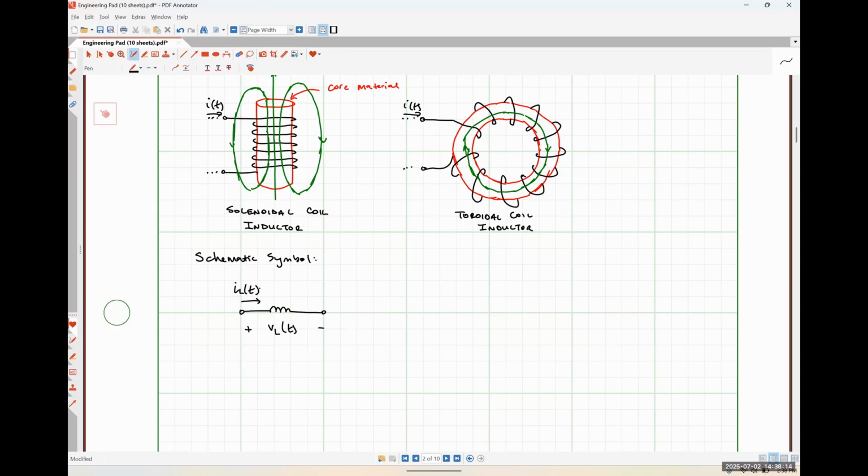If the current was flowing into the negative polarity terminal, then we would say that our inductor is storing power or supplying power or supplying energy. Okay.